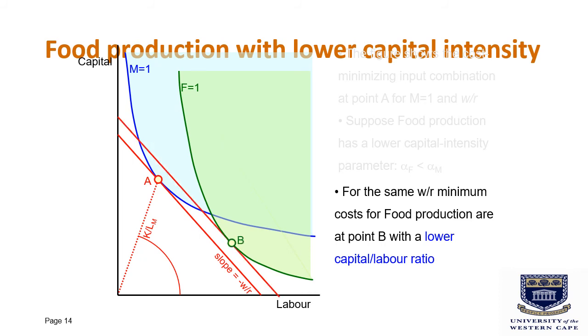That is just shifting the red line upwards until it is tangent to the green line, which happens at point B. What we can see is the amount of capital at point B is far less than the capital at A, and the labor at point B is far more than the labor at point A. What does this mean? It means that the capital to labor ratio at B is lower than the capital to labor ratio of A.